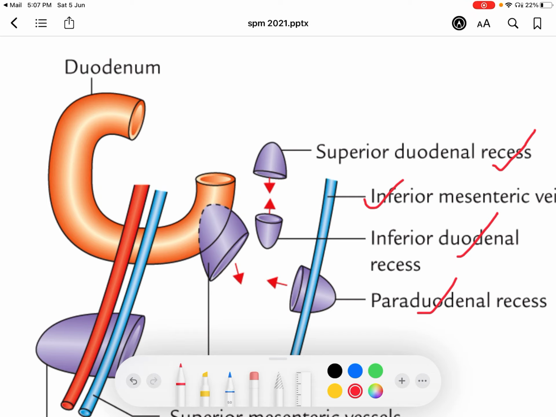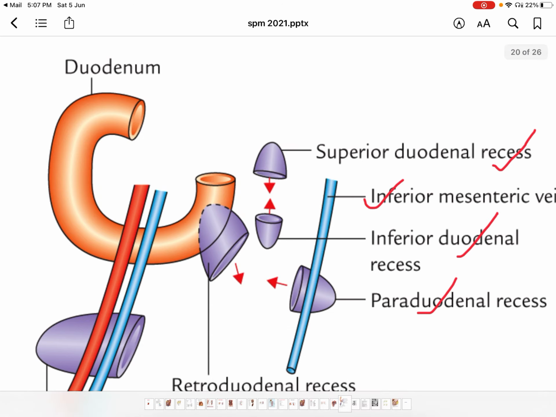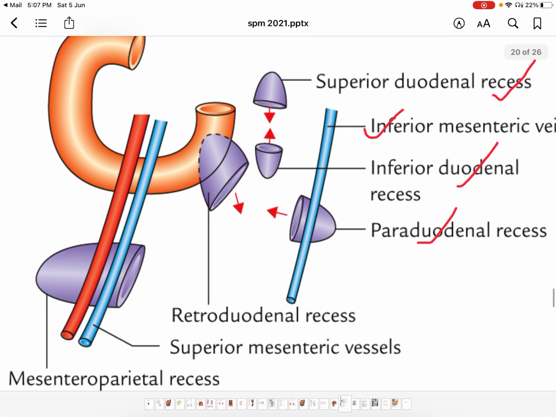And the retroduodenal recess is the largest of the duodenal recesses. You can see here the retroduodenal recess behind the superior mesenteric vessels. It lies behind the third and fourth part of the duodenum and in the fold of the superior mesenteric vessels.